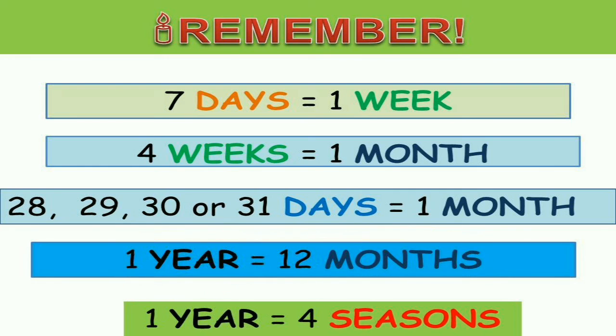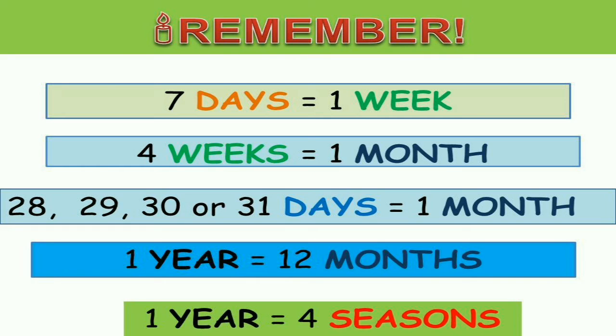So this is the year 2020, and in 2020 we have 12 months: January, February, March, April, May, June, July, August, September, October, November and December. Okay children, you all understand?